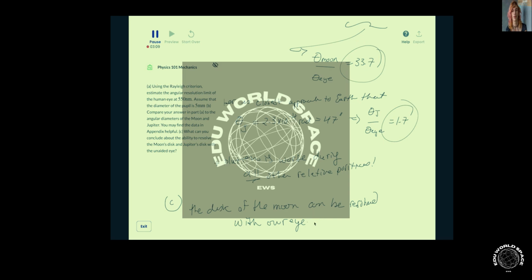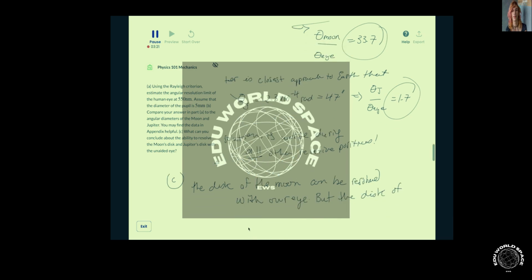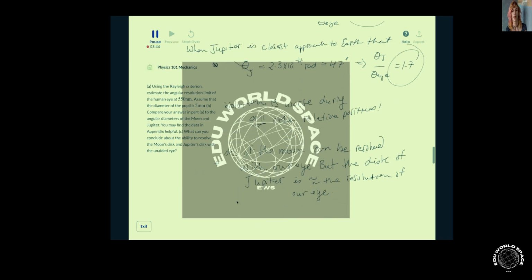However, the disk of Jupiter is around the same, or it's comparable to the resolution of our eye. What does this mean?